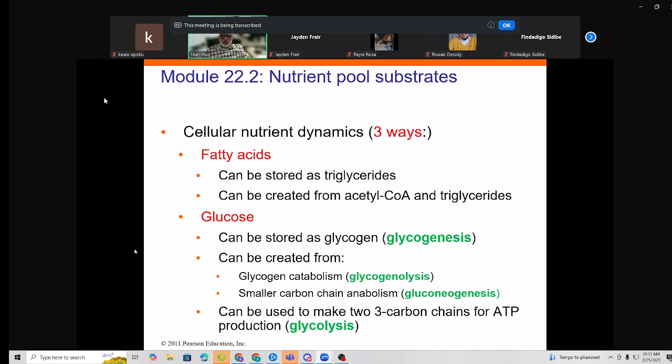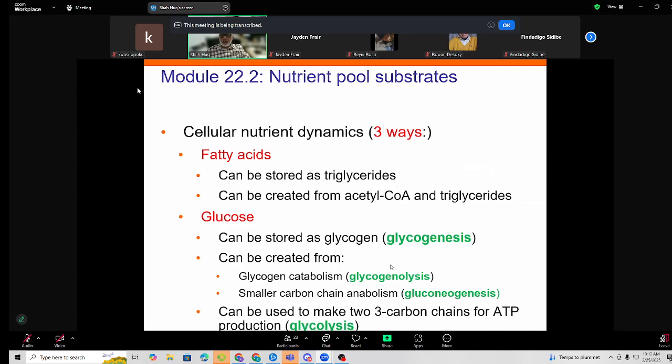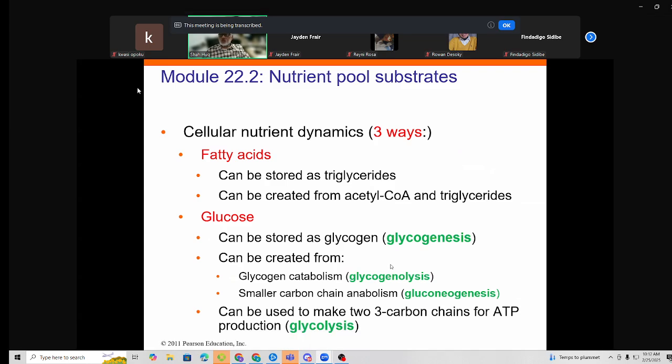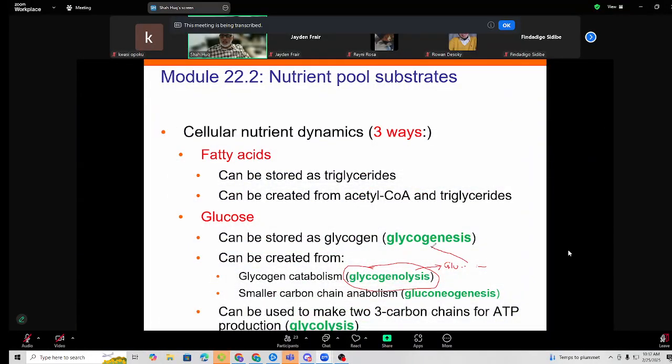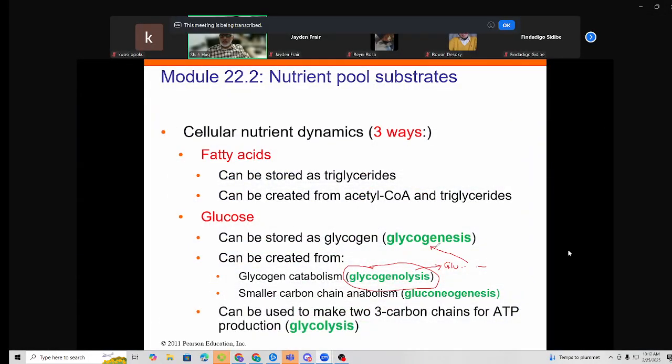So glucose, when we break down the source of glucose in the body, which is glycogen, this breakdown of glycogen is called glycogenolysis. So glycogenolysis will be broken down and we get glucose. And when we have many glucose together make the glycogen, this is called glycogenesis.